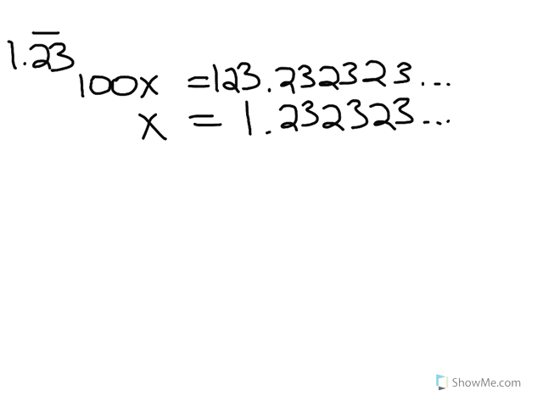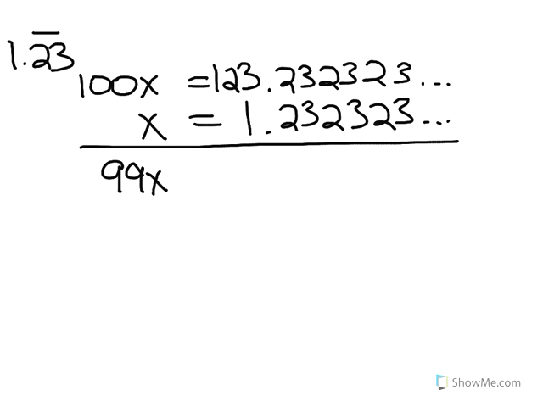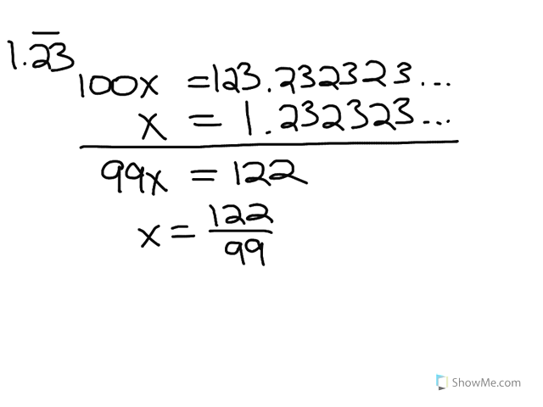As before, take the equation on the second line and subtract it from the equation on the first line. 100x minus x is 99x. And 123.23 forever minus 1.23 forever is 122. Divide both sides by 99. X equals 122 divided by 99.